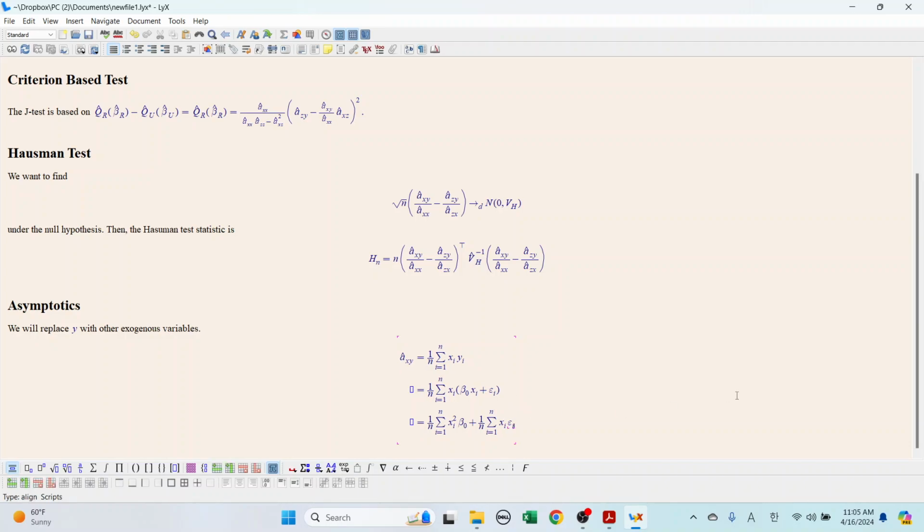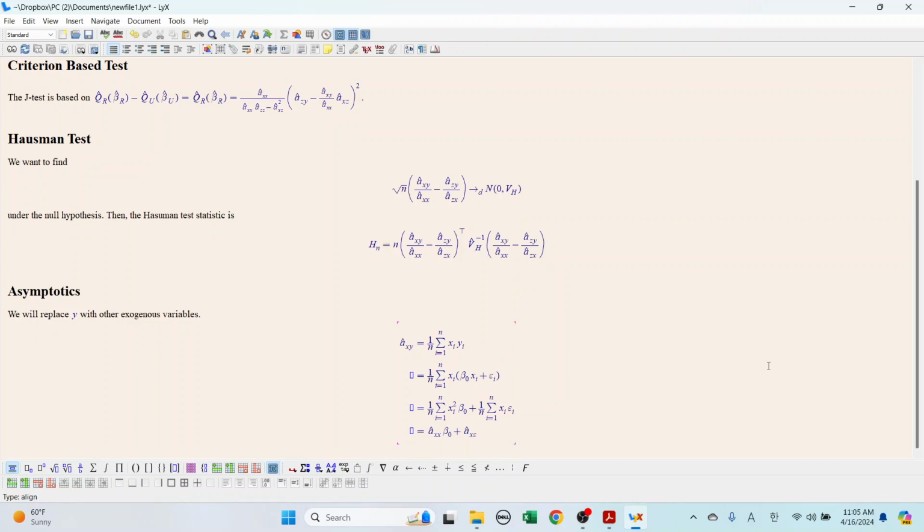So I removed y and expressed y in terms of x, beta, and epsilon. If you want, you may rewrite this as the average of xx times beta 0 plus the average of x epsilon. So you can rewrite y using other parameters.